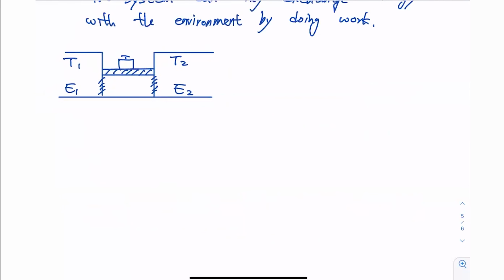But after this cycle, as we mentioned, since the energy can be exchanged between this piston and the heat bath, the energy will also be changed from E1 to E1 prime. And the energy for system 2, heat bath 2, will change from E2 to E2 prime. But as a definition of the heat bath, the T1 and T2, basically the temperature, is not changed. Okay, so that's the setting that we have.